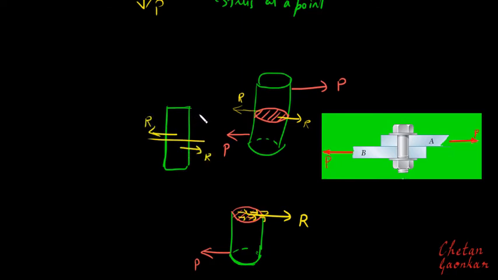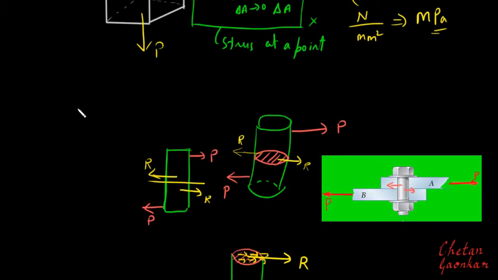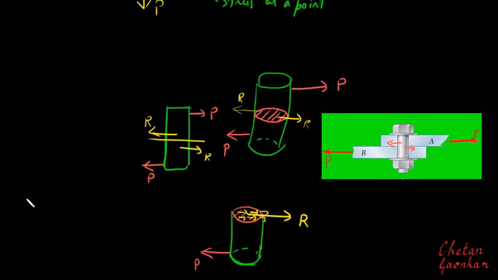For this applied force P and this applied force P, the resisting forces will be developed this side and this side. So even then the stresses will be developed on this cross section, and this type of stresses wherein the resisting forces are along the cross section.